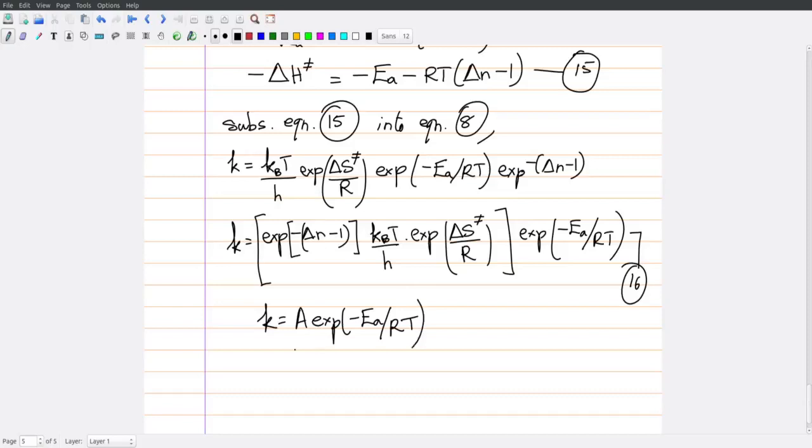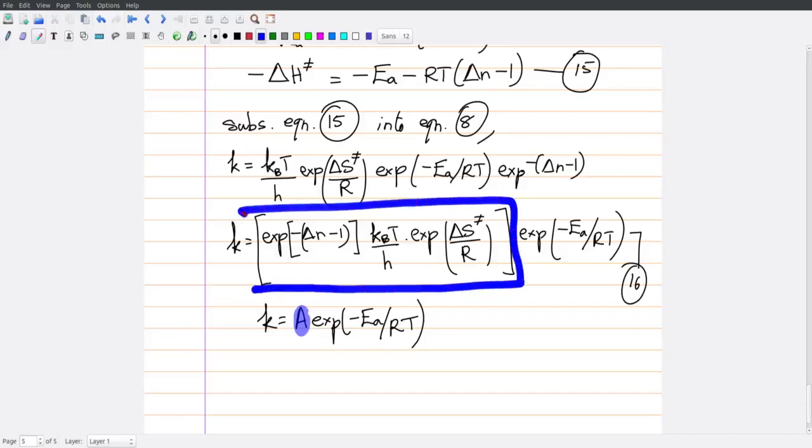If you compare these two equations, you can very well say that this should be the value of A. So we will write it separately below.